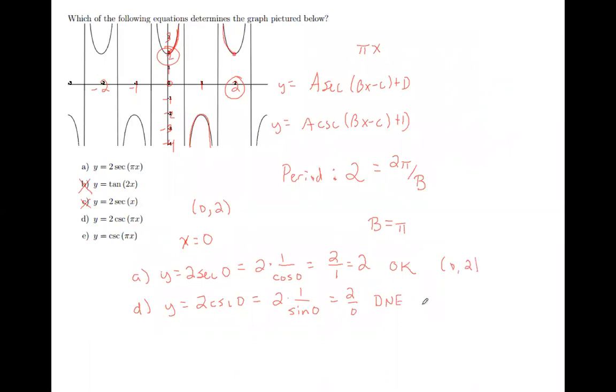Answer choice D would have a vertical asymptote at x equals 0, and that's not the case. So D is out. Similarly, E would be out because we'd again have cosecant of 0, which does not exist. And therefore, the only answer choice remaining is answer choice A.